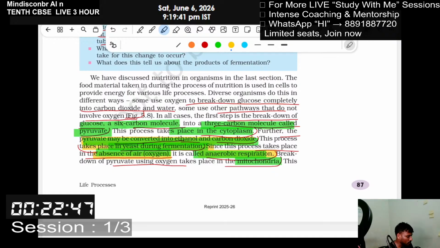Breakdown of pyruvate using oxygen takes place in mitochondria, whereas the breakdown of glucose into a 3 carbon molecule pyruvate occurs in cytoplasm.